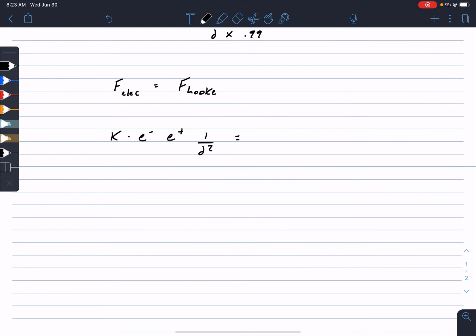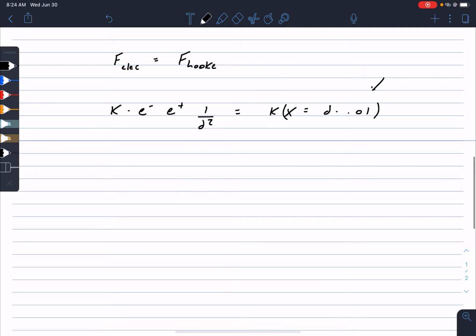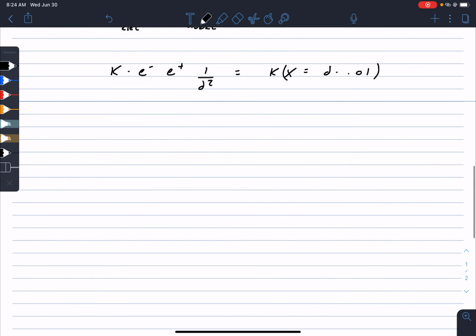And then we have our spring Hooke's law force, which is also kx, which will be the distance that it actually is compressed. So this is 1% of the distance compressed.